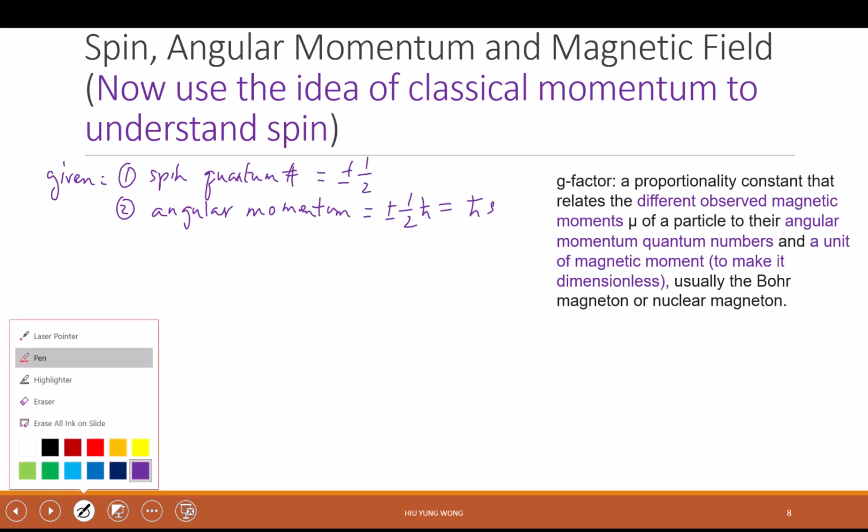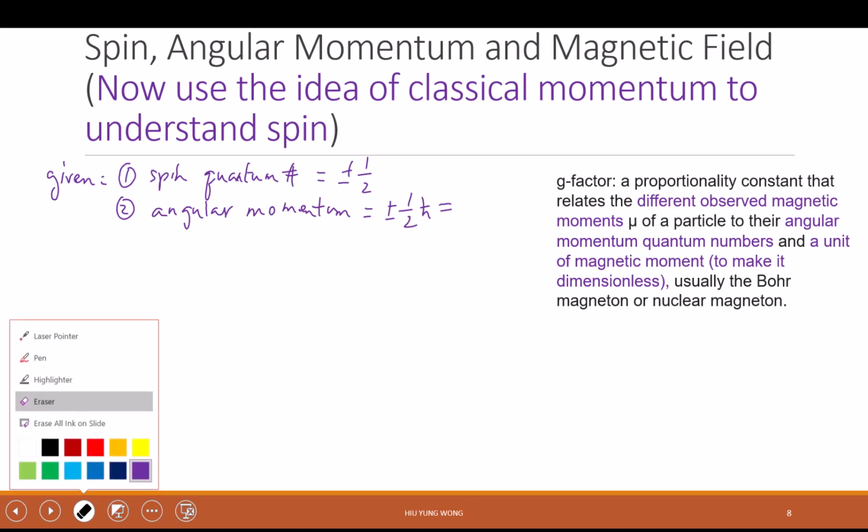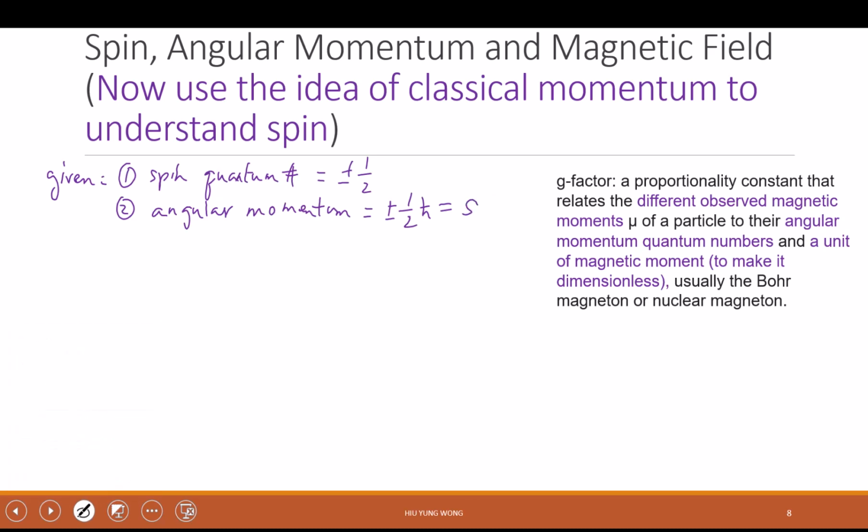So this one will confuse you actually. The angular momentum is h bar times the spin quantum number s, plus or minus half. So if you have spin half, then your angular momentum is h bar divided by 2. If you have spin negative half, your angular momentum is negative h bar over 2.